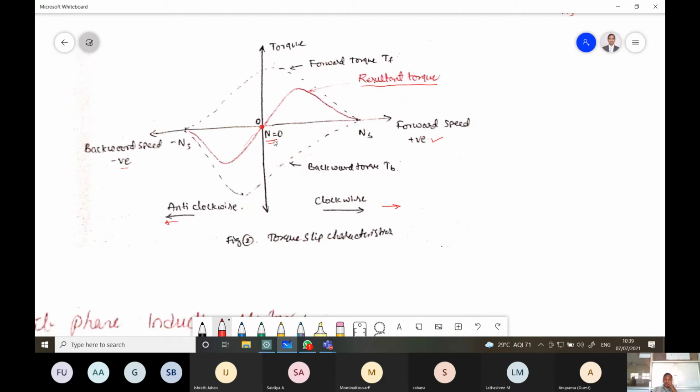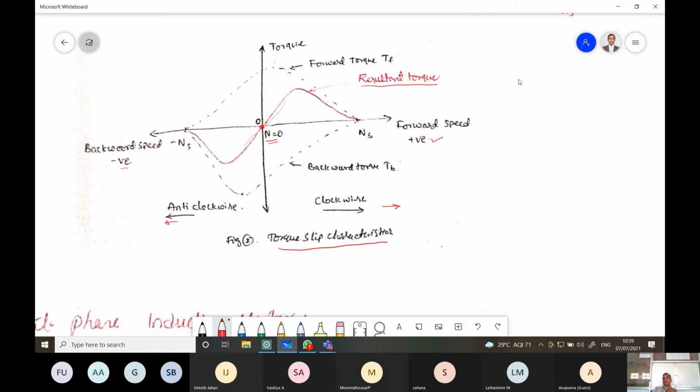Whenever the speed is 0, the resultant torque is 0. When the speed approaches ns, it rises in the positive direction and again comes back to 0, and in the negative direction the backward torque is also there, so the resultant gives a curve like this.